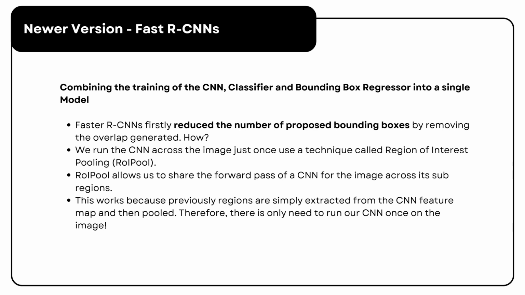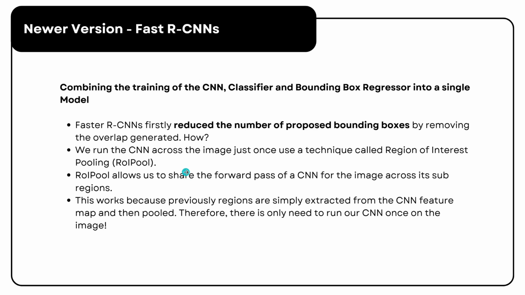That's a huge change. The key idea here is something called region of interest pooling, or ROI pooling. ROI pooling is Fast RCNN's special feature.